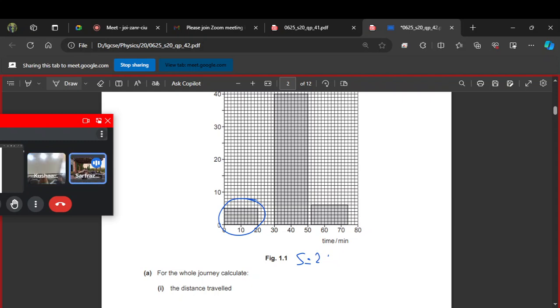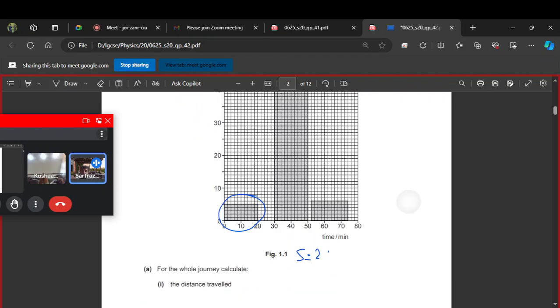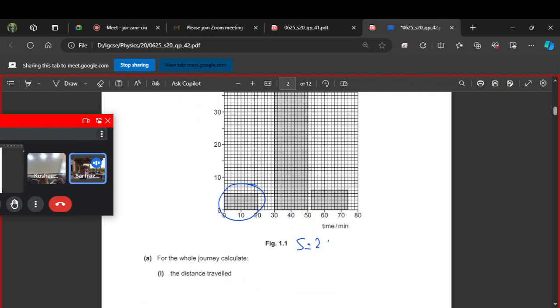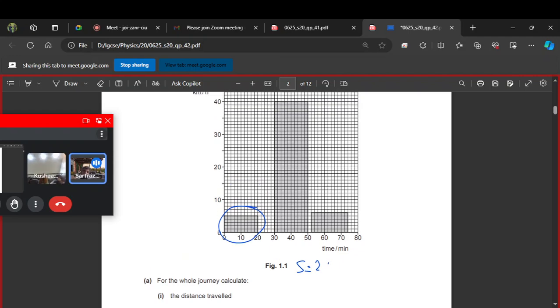Okay. So speed is in kilometers per hour, and time is in minutes. So what will we do? 20 minutes in hours, you divide by 60. So we get 0.3 recurring.